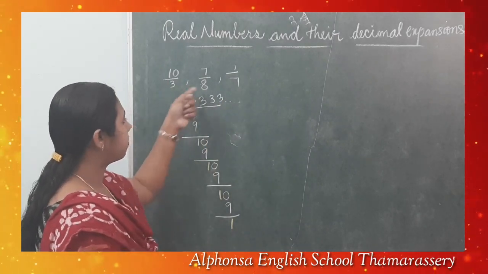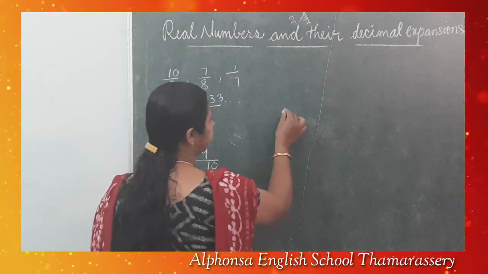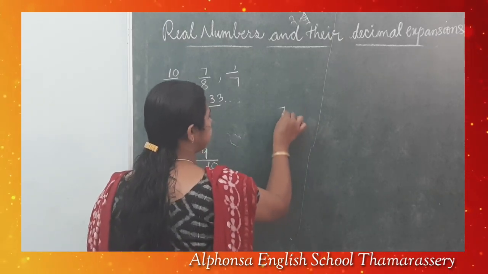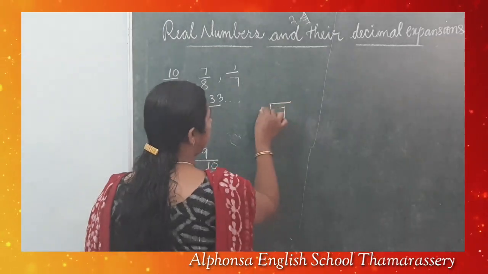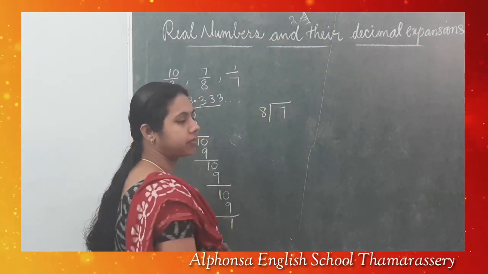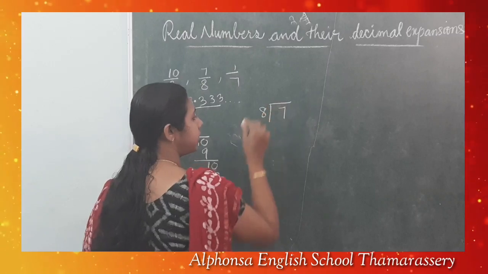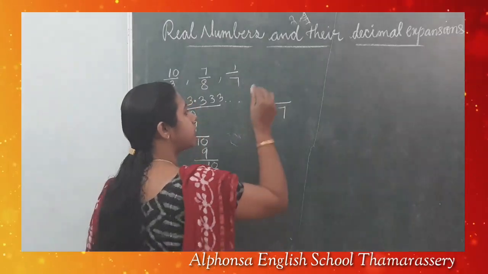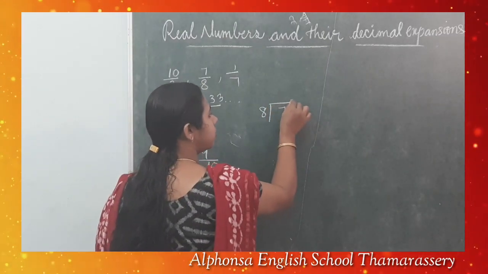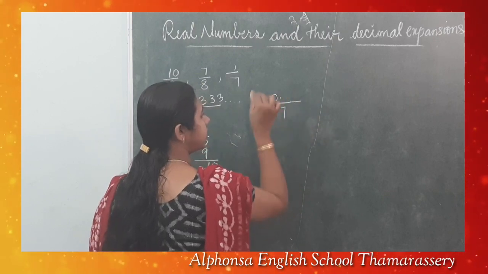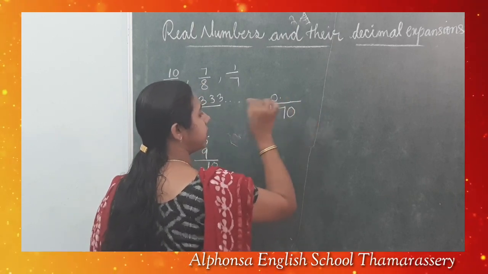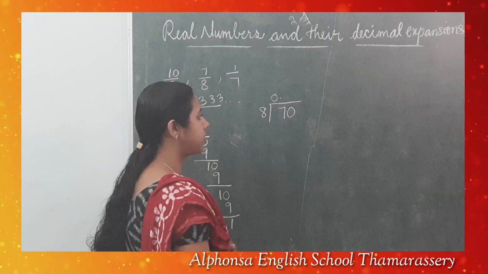Now look at the next number, 7 by 8. 7 divided by 8. 7 is smaller than 8, so we cannot continue the division process. So you have to put a decimal point, then write 0 on the right side of this number.